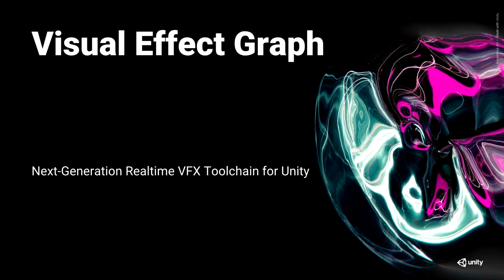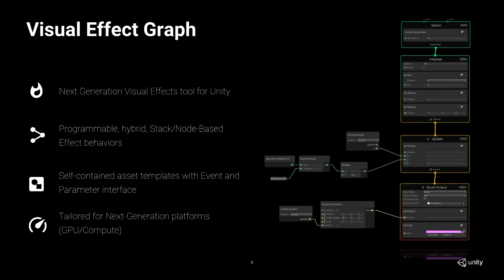To start, the visual effects graph is basically the next generation real-time VFX toolchain for Unity. And it's targeting basically next generation platforms. So it's fully node-based, and it uses a hybrid paradigm with stackable nodes that are self-contained into assets.